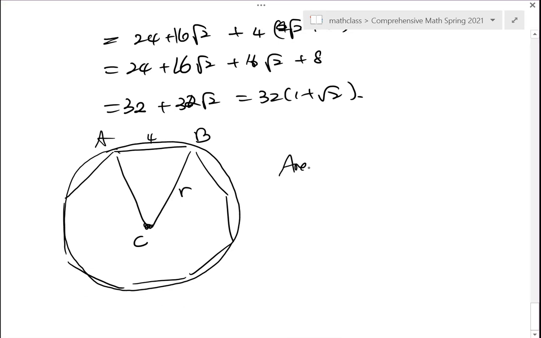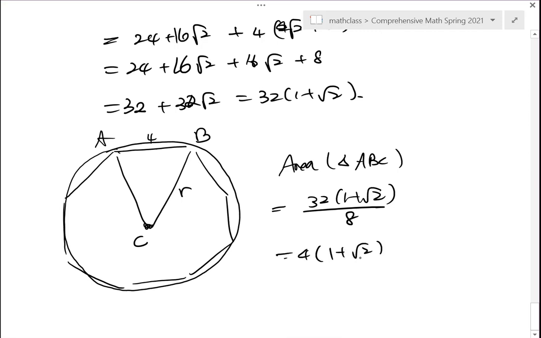So you have to find the area of triangle ABC. The area of triangle ABC is going to be the area of the whole octagon divided by 8, because all the triangles are equal, right? So it's 4 times (1 plus square root 2).